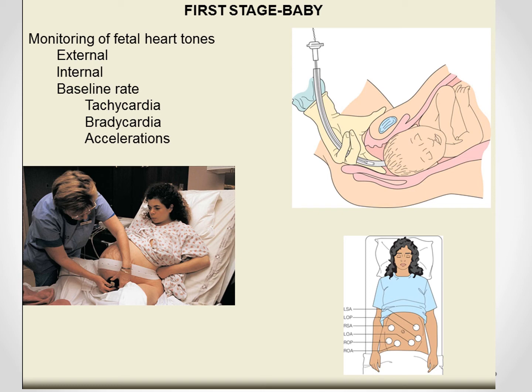There are some patients who you would never use a fetal scalp electrode on, even if you wanted and needed the information from it. Can you think of anyone who that might be? Try to remember that this is an invasive procedure. If the membranes have ruptured and now we're putting an appliance inside the uterus onto the fetal head, or even in the case of an intrauterine pressure catheter, this is inside the uterus.